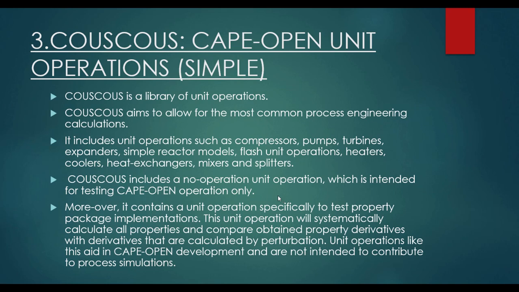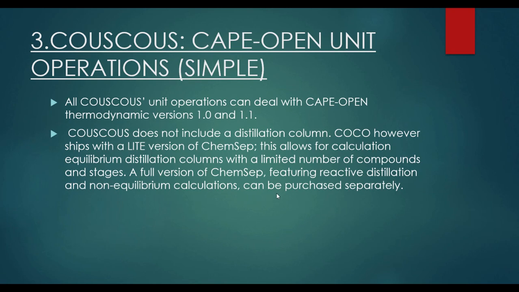This software provides you all the necessary requirements for the simulation, as if you compare it with any high-level software like Aspen Plus. There are different versions in the market for this software. I suggest you download the latest one.